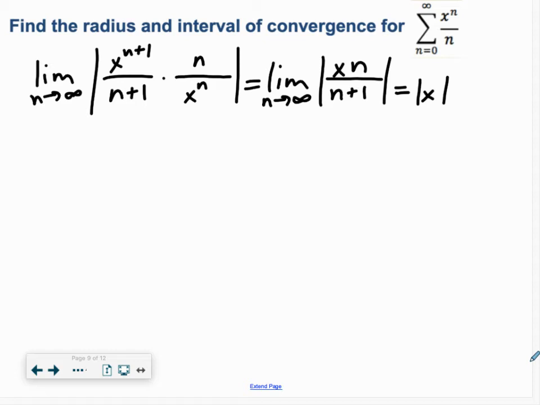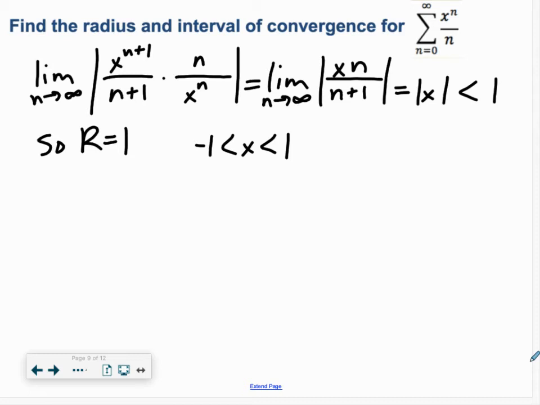Remember, for the ratio test, for this to converge, this has to be less than 1. So our radius is 1. Now to write our interval, remember it's just negative 1 less than x less than 1. Put it in the middle, change the sign.